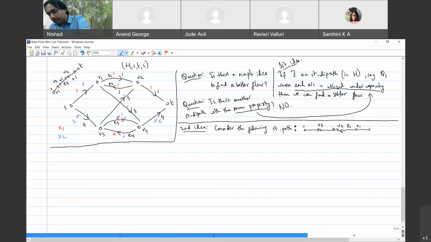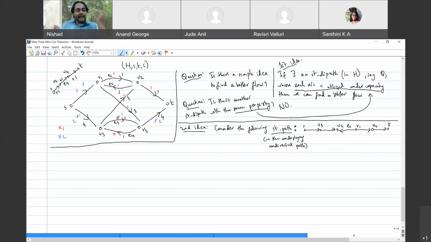So let's go to V4 and then let's go to T. So observe that this is first of all not a dipath. This is a path in the underlying undirected graph. So from now on, when I say path, I'm referring to the underlying undirected graph.